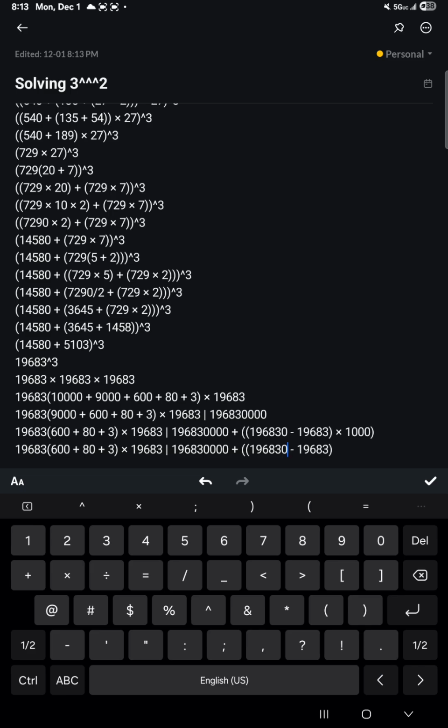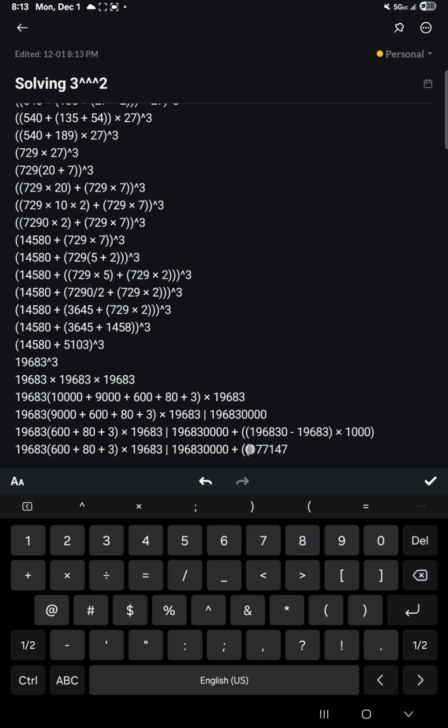Right. Let's start using the subtraction method. So 30 minus 3, that's 27. 82 minus 8, 74. 67 minus 6 is 61. And 96 minus 9, 87. 8 minus 1, that's a 7.